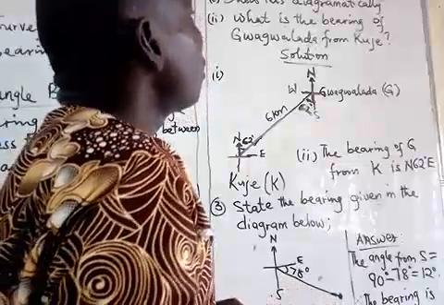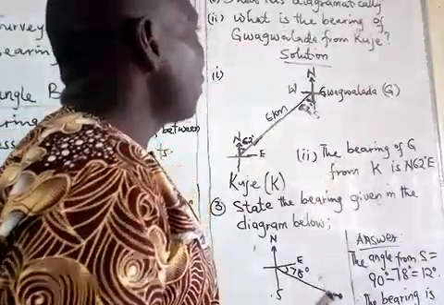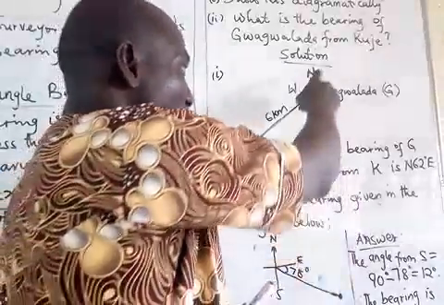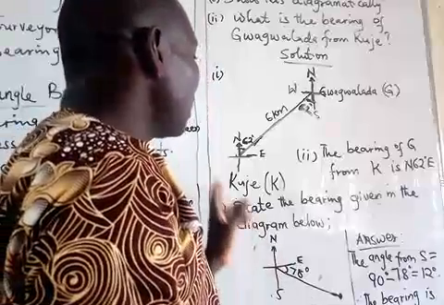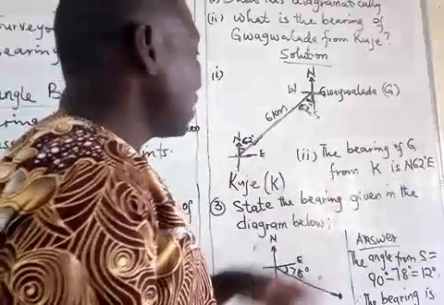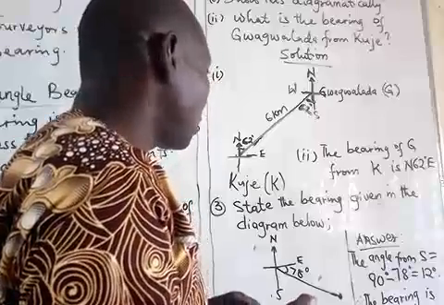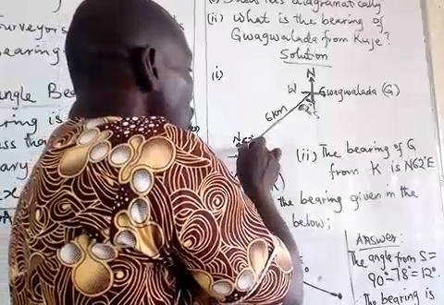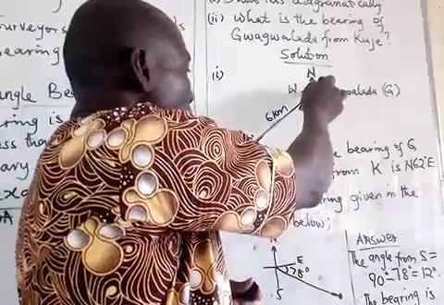Then, what is the bearing of Gogolada from Kuje? Now our reference point is Kuje, while we are taking the bearing to Gogolada. We said that all bearings are taken in a clockwise direction, starting from the north cardinal point. So when you turn from the north towards the east this way, you will see Gogolada at this point.